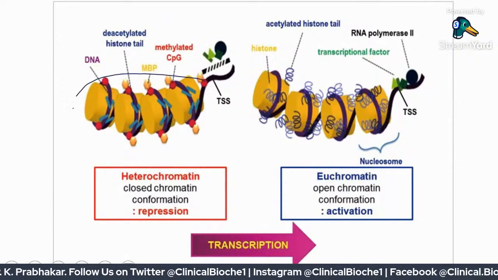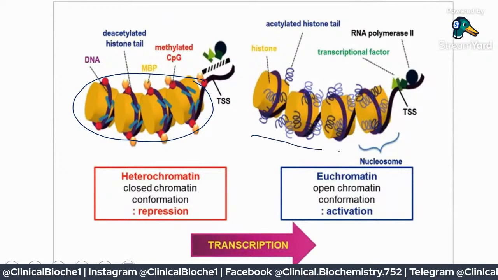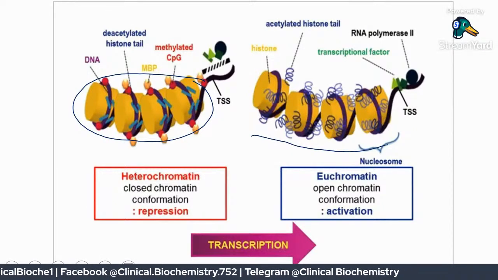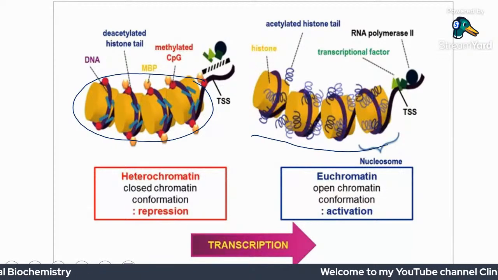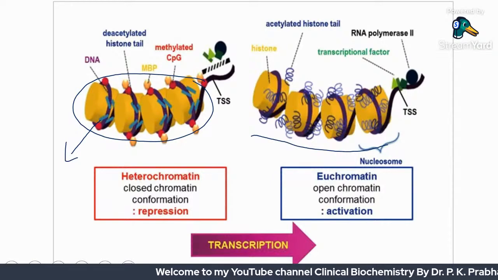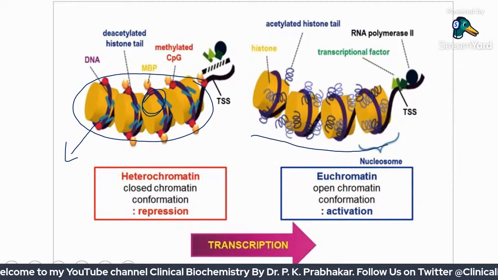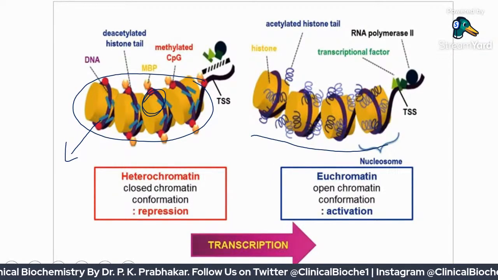In this case, we have a very compact structure, and this is a slightly loosened structure. In the compact one, DNA cannot be accessed by different enzymes. This DNA needs to go for the transcription process, so RNA polymerase needs to bind at some places, but DNA is not freely accessible for RNA polymerase because it is tightly packed.